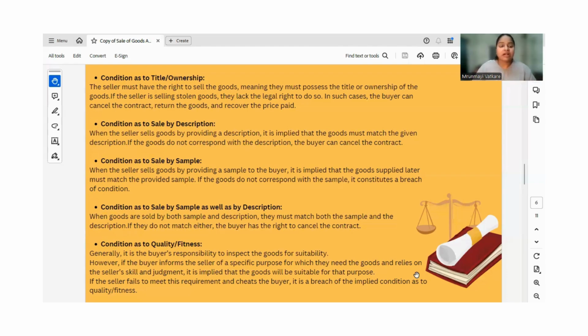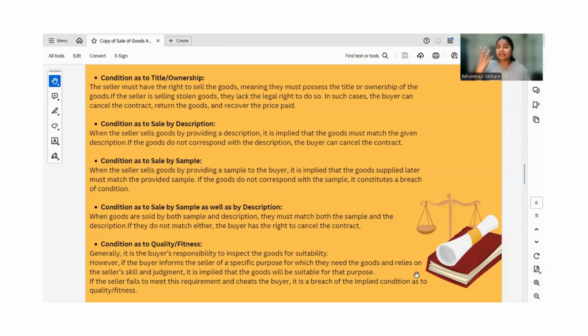Condition as to quality and fitness. Generally, it is the buyer's responsibility to inspect the goods for suitability. However, if the buyer informs the seller of a specific purpose for which they need the goods and relies on the seller's skill and judgment, it is implied that the goods will be suitable for that purpose.